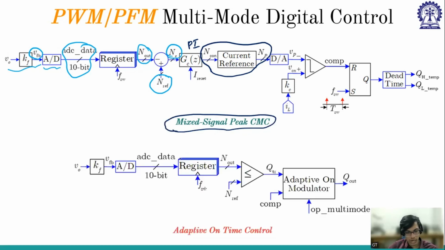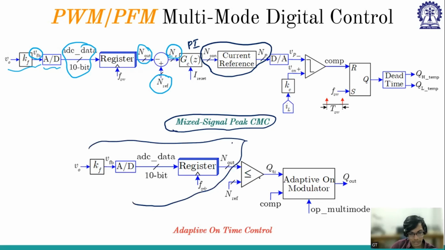Now coming into the adaptive on-time control. This entire part is almost the same until this point. Then here we have this comparator, and we see whether it is lesser or more than the reference. Based on that, it generates a trigger signal, or you can say enable signal, going into the adaptive on modulator, and then the output Q out comes.